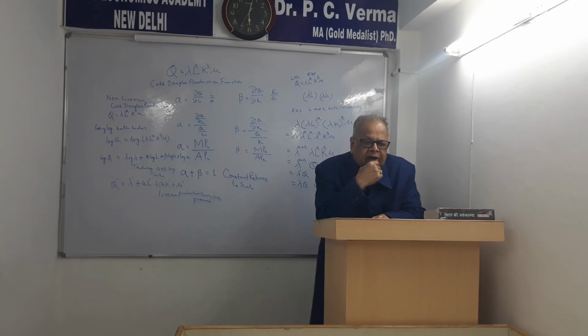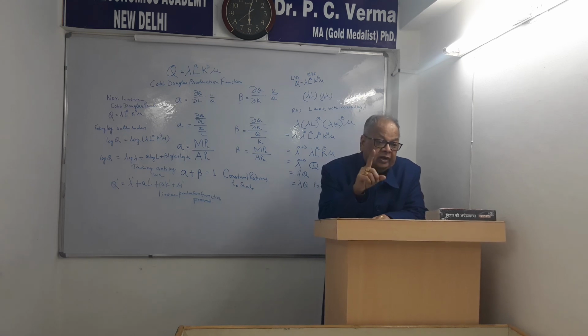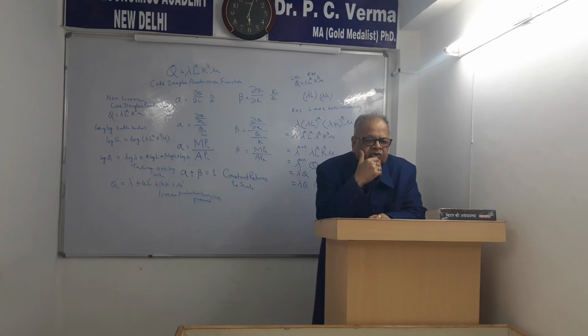So Cobb-Douglas production function is a non-linear production function, but that can be converted into linear production function with the help of logarithm. This is the second property of Cobb-Douglas production function.